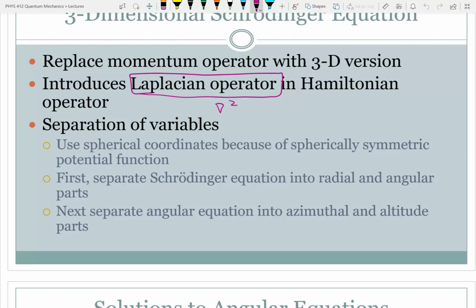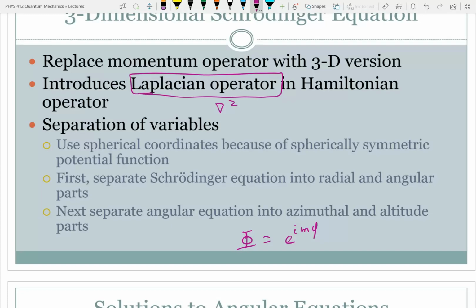Then we further separated the azimuthal from the altitude. And then we started finding solutions. The first one we found was the azimuthal solution, which was simple: e to the i m phi. Right, that was our azimuthal solution.